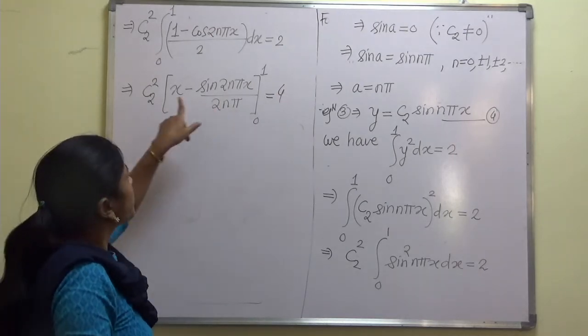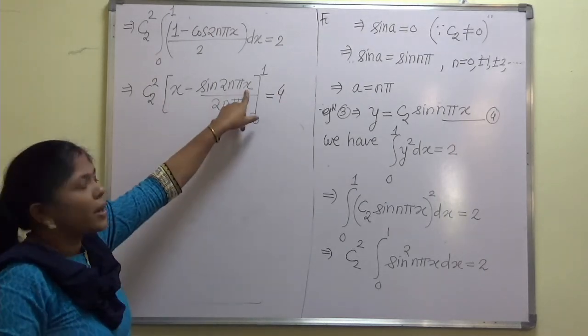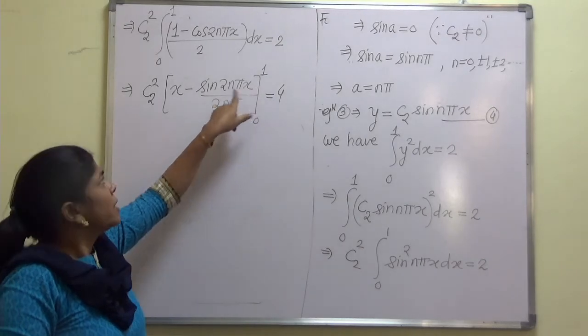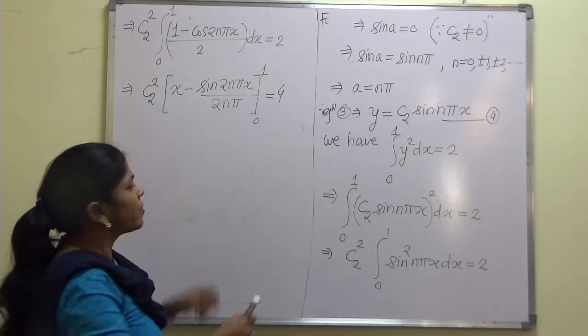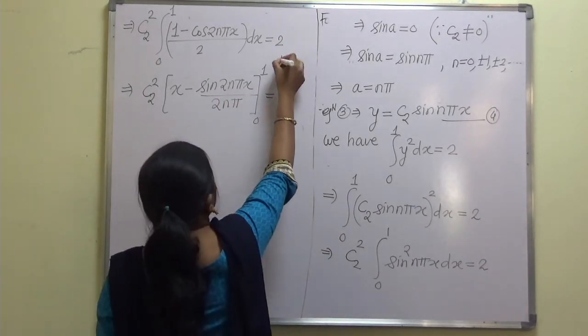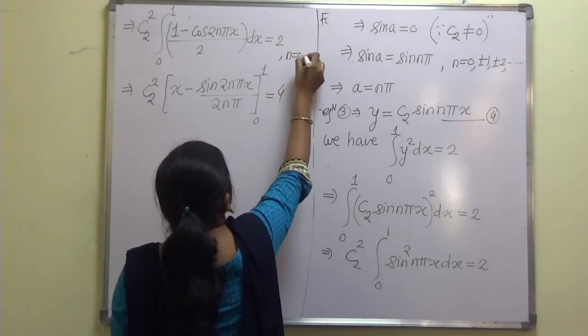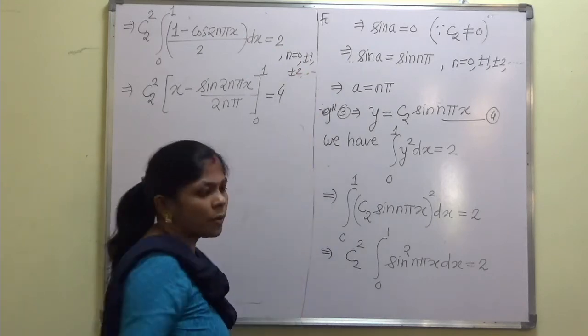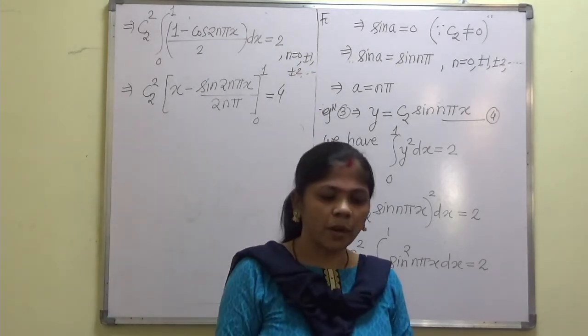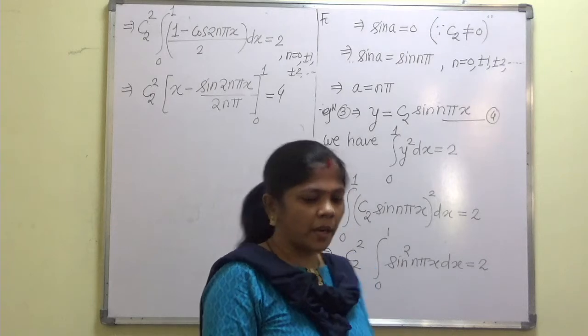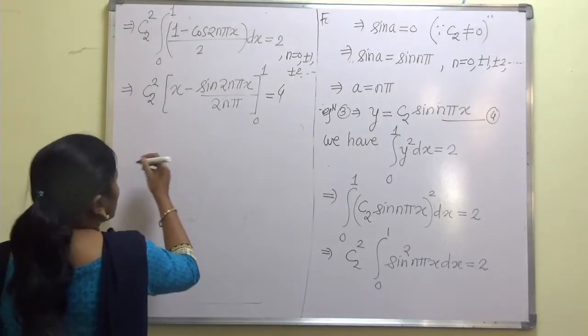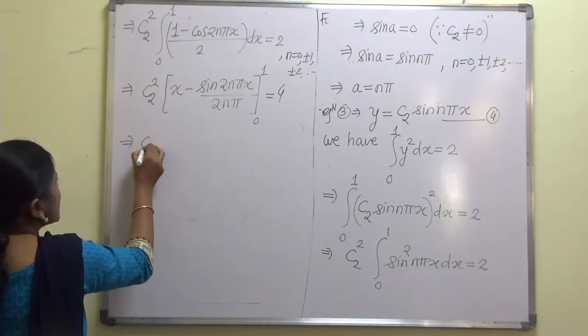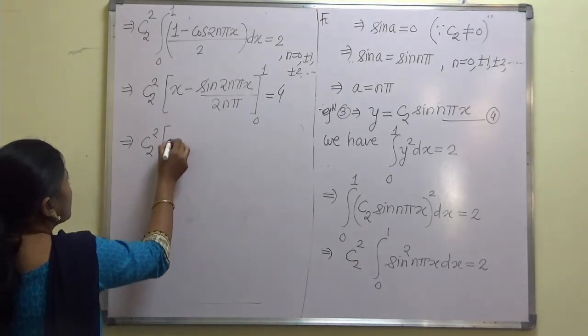Now apply the limit, put x as 1. When I put x as 1 over here, this is sine of 2n pi, and remember the value of n is 0, plus minus 1, plus minus 2, and so on, right? So this implies c2 square times 1.